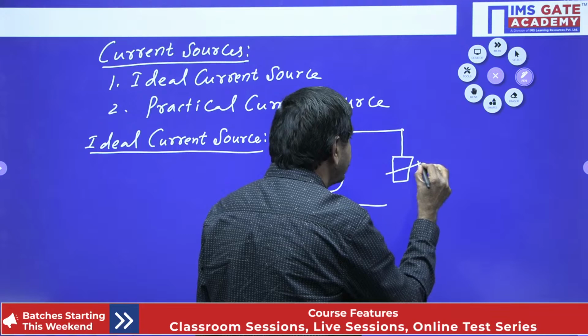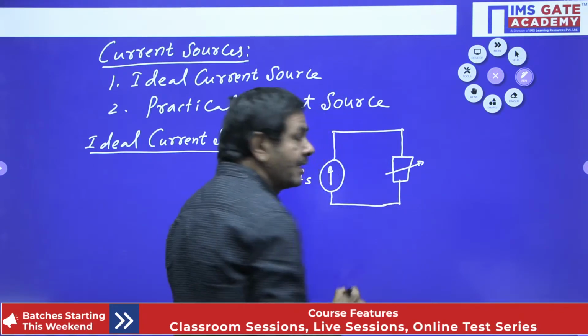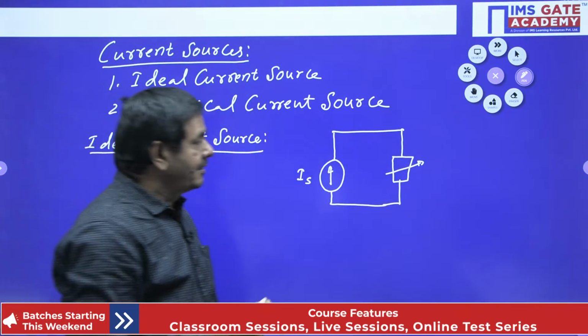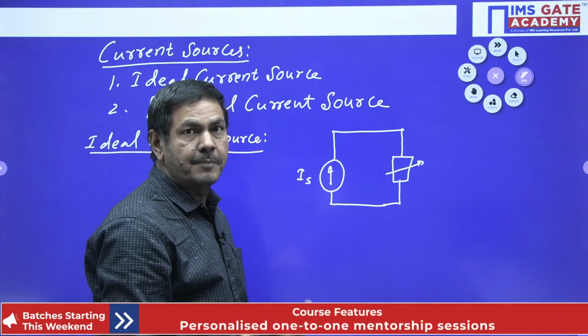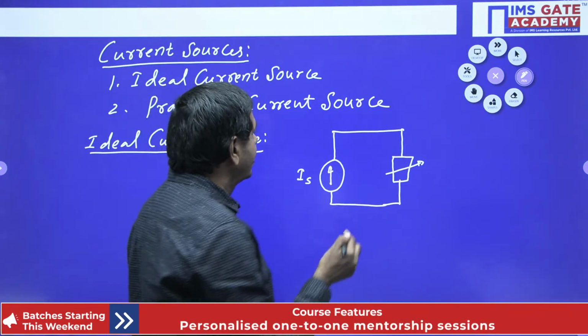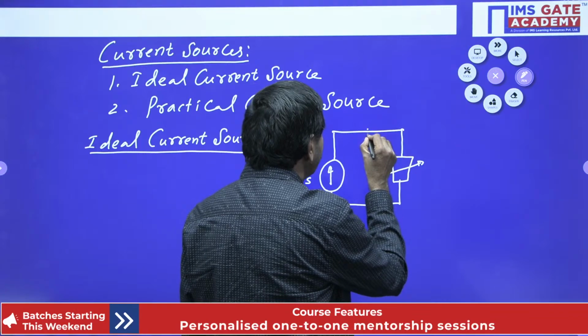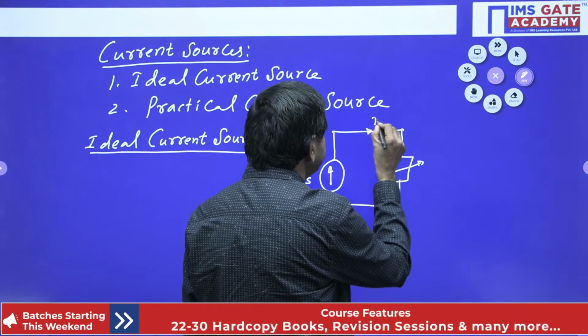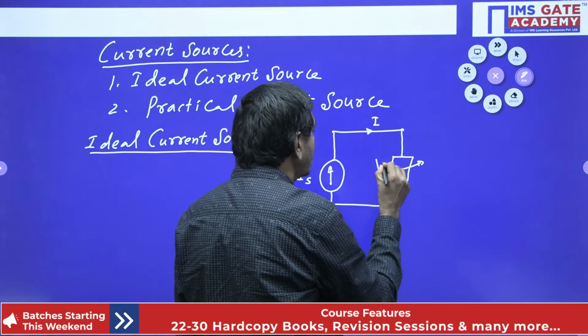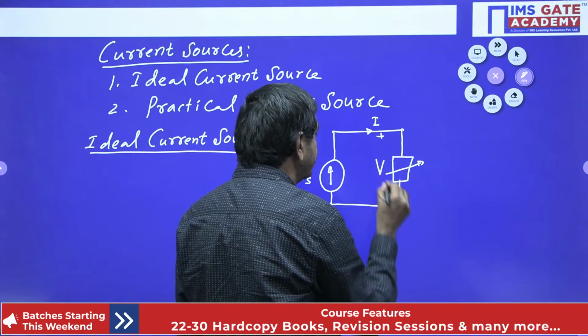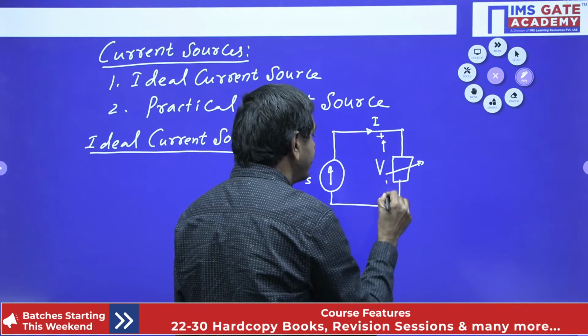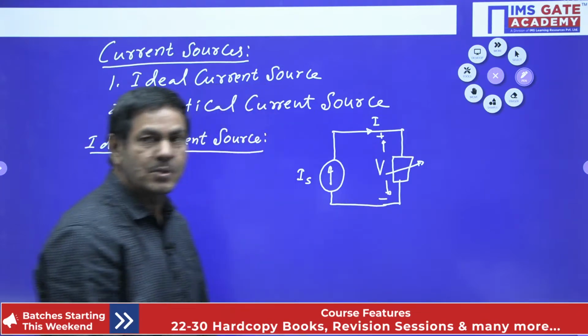That load is variable. It may be a resistor or inductor or capacitor, anyone we can connect. The current passing through this load can be taken as I. The voltage across this load I wish to take as plus V. This is the ideal current source.